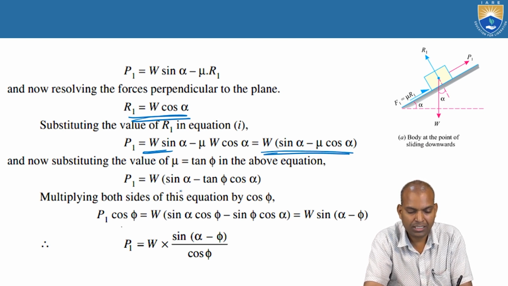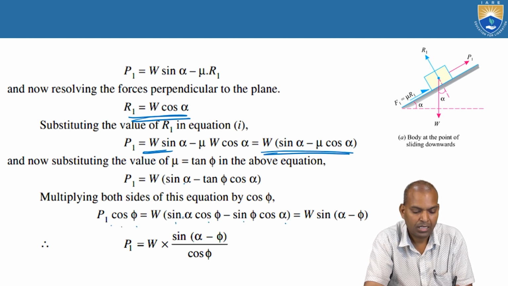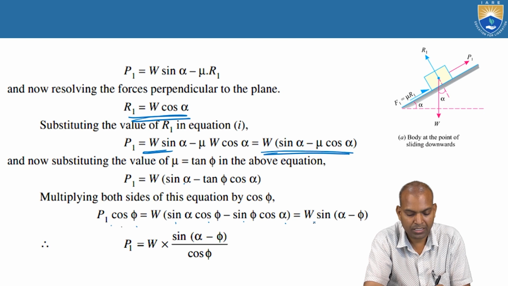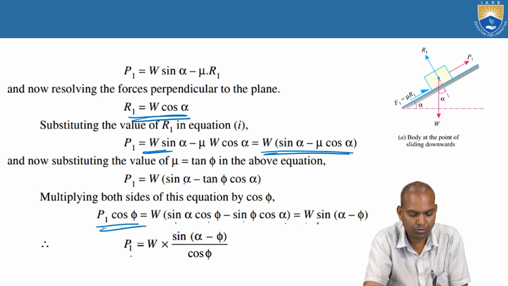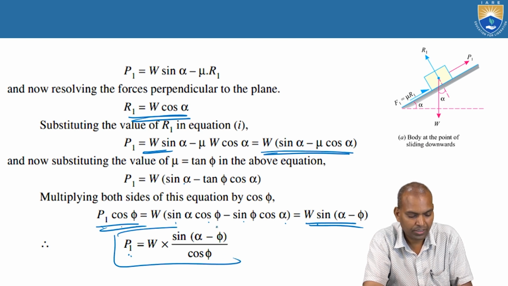After taking the LCM, P1 cos phi equal to W times (sin alpha cos phi minus sin phi cos alpha). That is sin A cos B minus cos A sin B, which is sin of (A minus B). That is W times sin(alpha minus phi). So P1 cos phi equal to this value, and P1 equal to W times sin(alpha minus phi) by cos phi.